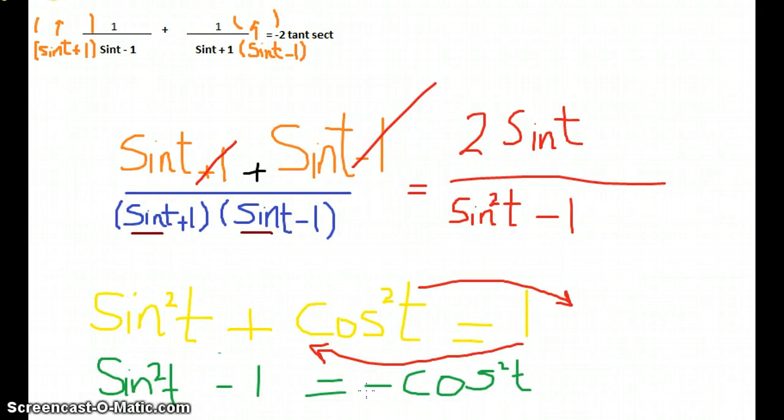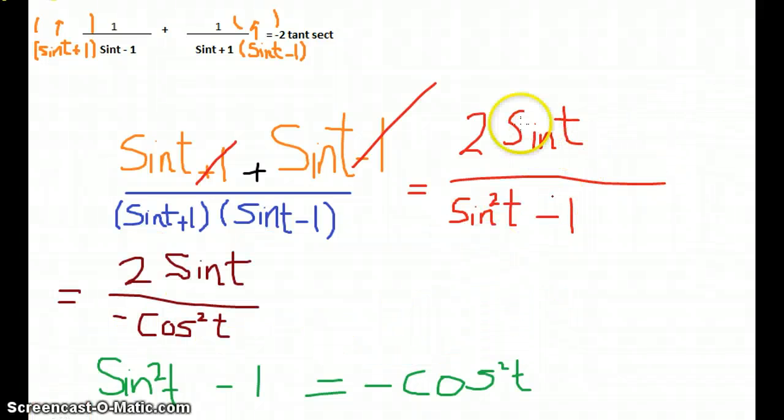We just moved stuff around by subtracting stuff from both sides. So we need to be able to relate that right here in green to the identity that I wrote in yellow. So now I can rewrite my step right here: instead of sine squared t minus 1, negative cosine squared t, because of this identity that we used.